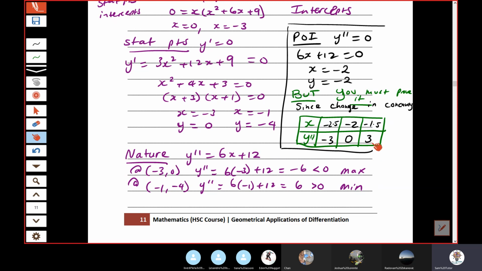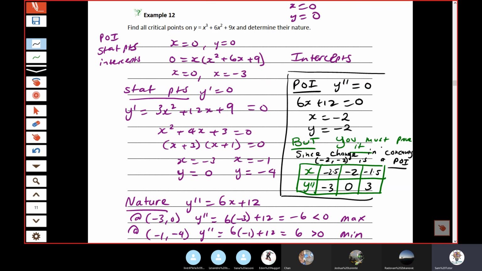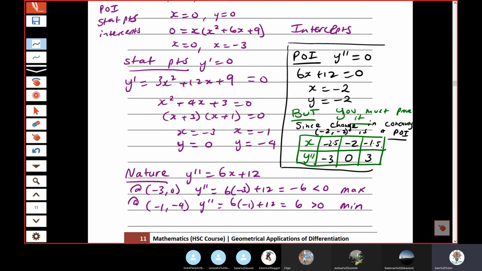This one is a min, so something had to happen between them for it to move from a maximum to a minimum. Oh yeah, a point of inflection occurred. Cool. So since changing concavity, -2 is a point of inflection. We're done. That's amazing. Finished. That's very, very good.